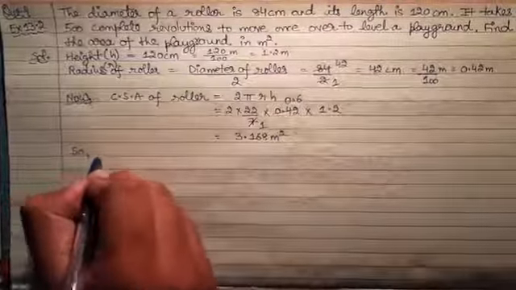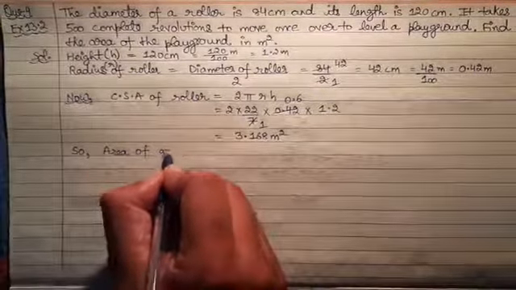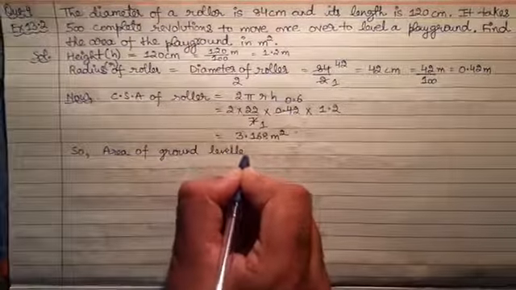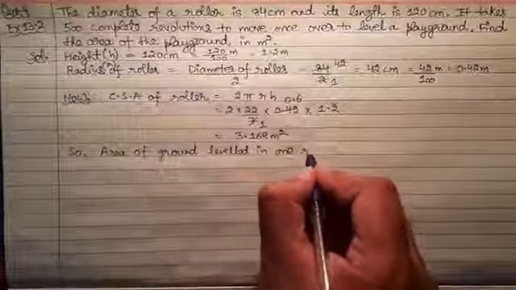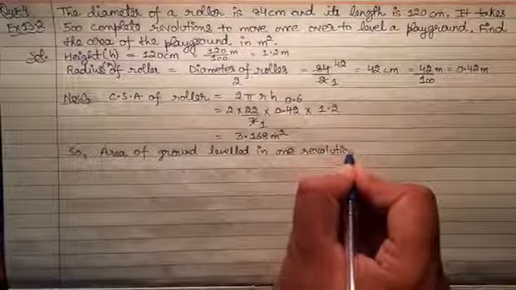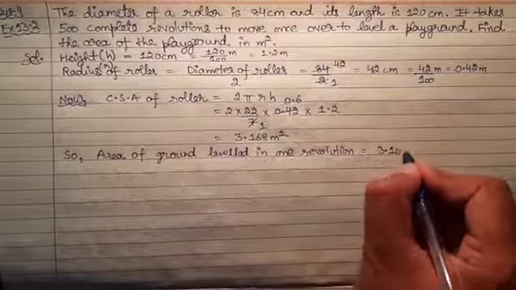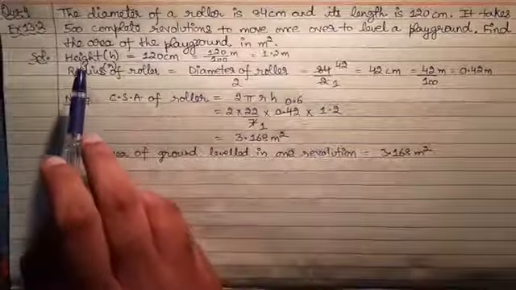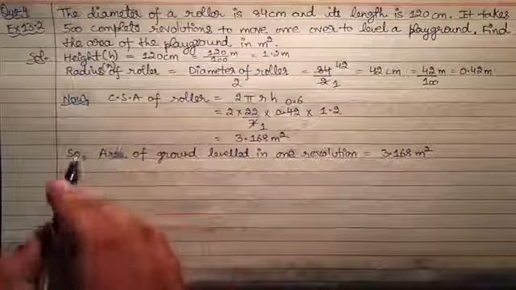So, area of ground leveled in one revolution is equal to 3.168 meter square. But we have to find area of ground leveled in 500 revolution.